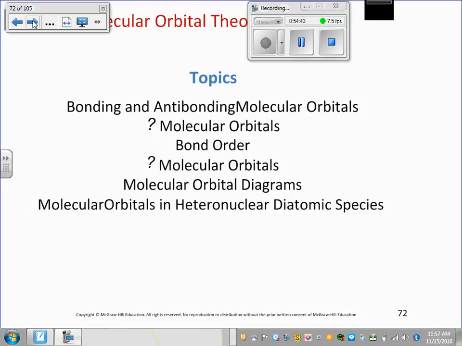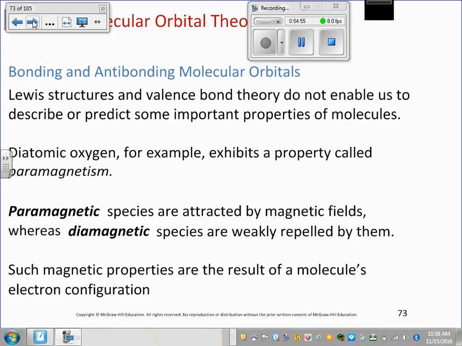Okay. Didn't quite explain everything. So Lewis structures and valence bond theory do not enable us to predict some important properties of molecules.